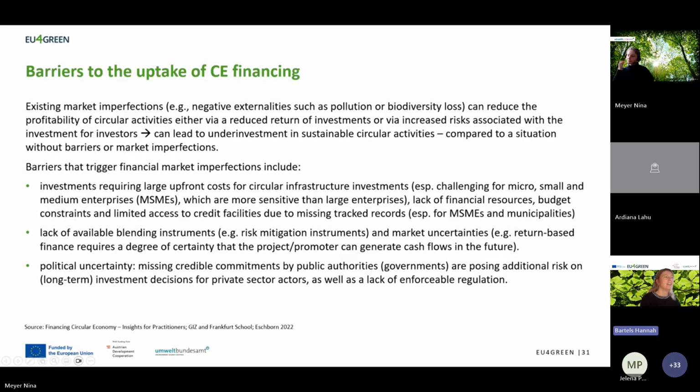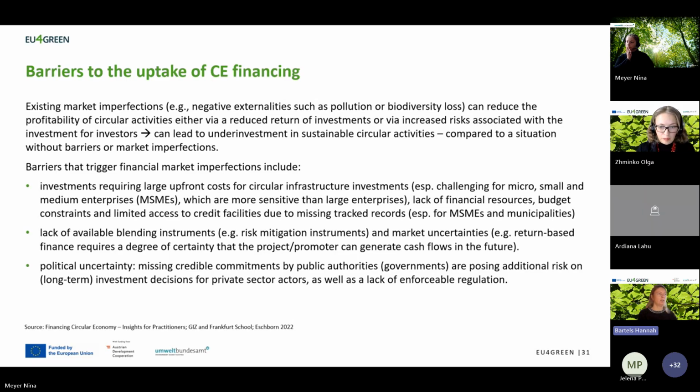Thank you. Which can all lead to underinvestment in sustainable circular activities, compared to a situation where we would not have those barriers or market imperfections. So what do these barriers look like that can potentially trigger those imperfections?